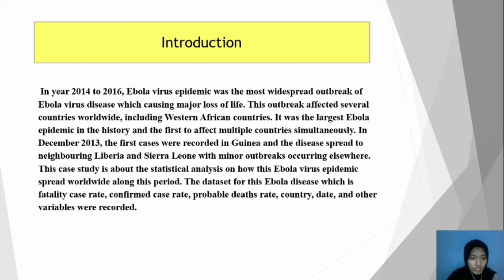This case study does a statistical analysis of how the Ebola virus epidemic spread worldwide along this period. In the dataset, variables such as fatality case rate, confirmed case rate, probable death rate, country, dates, and other variables were recorded.